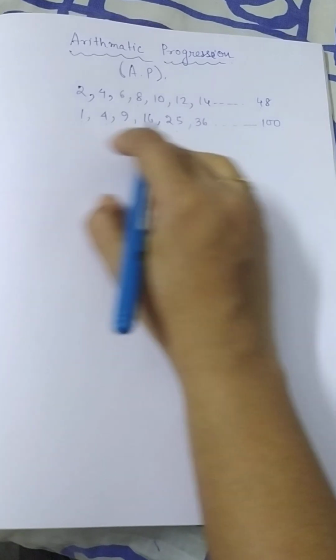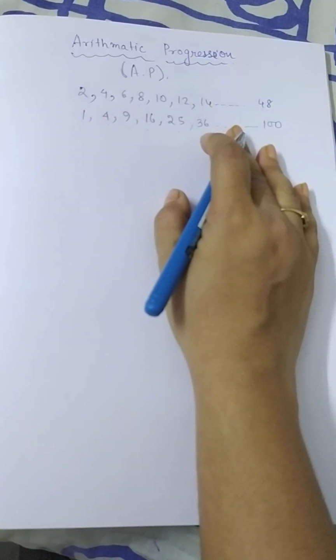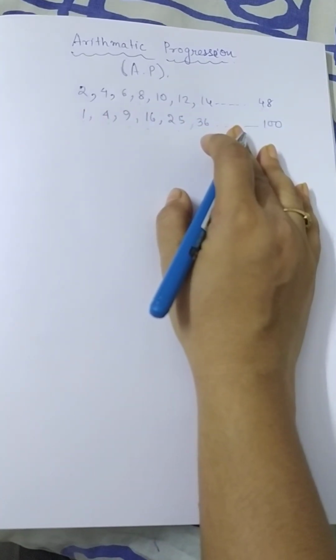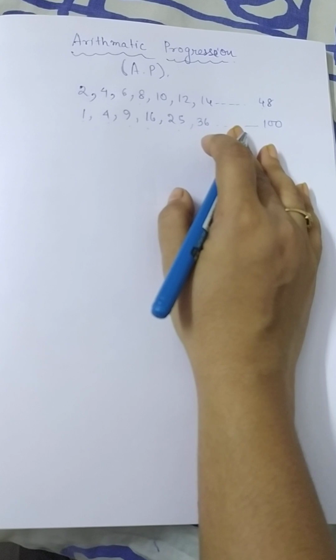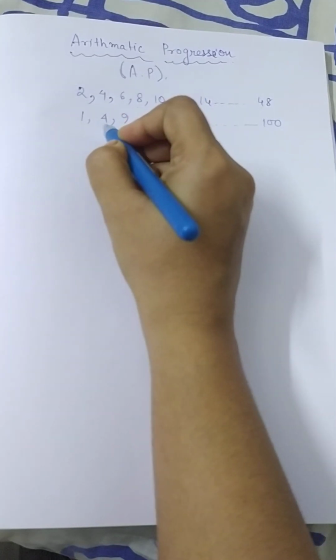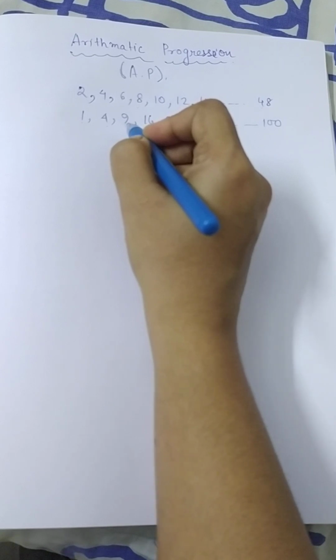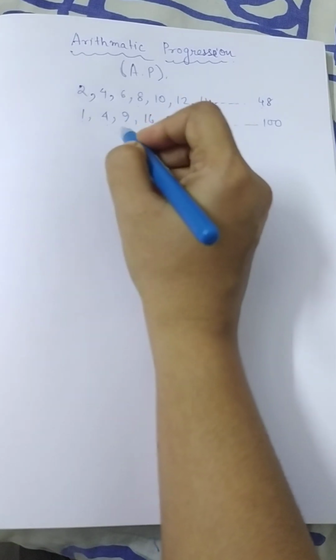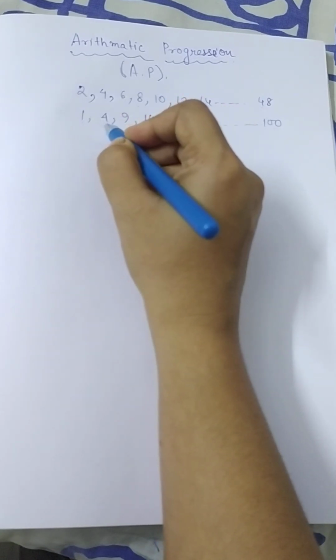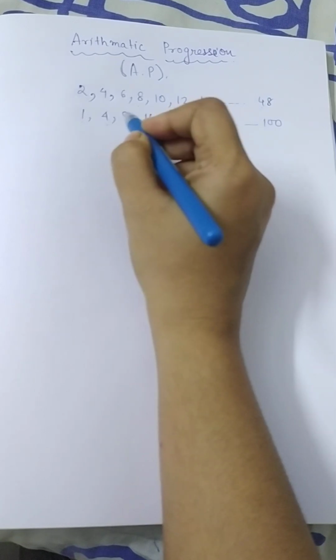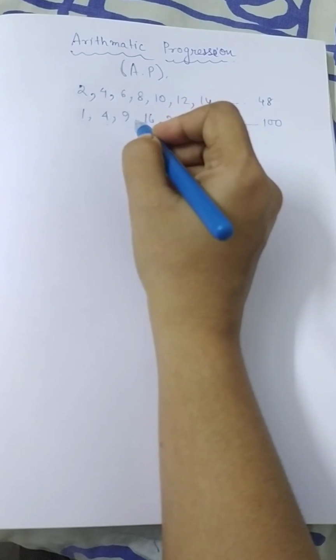So, when we write down a series of numbers in some pattern, where we get each succeeding term by adding a fixed number to the preceding one, then we call it arithmetic progression, AP.